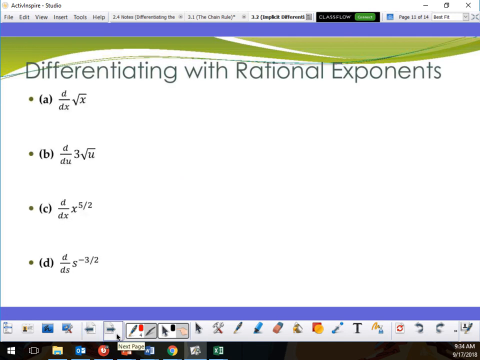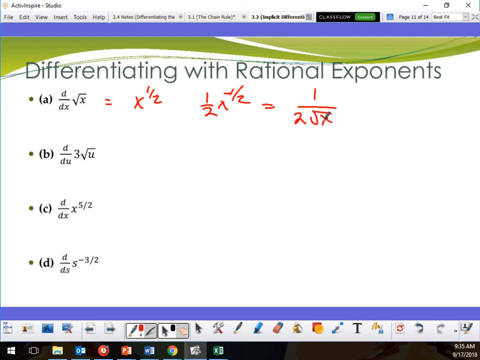Okay, so this one right here says take the derivative with rational exponents. All right, same thing, right? So it's going to be x to the positive 1/2. Take the derivative, that's going to give you 1/2 x to the negative 1/2, which cleans up to be 1 over 2 rad x.